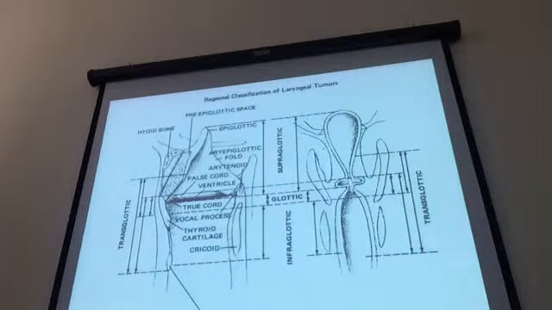So just to review, what's glottic? Well, glottic is essentially anything that involves the true vocal cord. Okay? Supraglottic, big space, everything from the true cord north. Infraglottic, everything below the true cord.